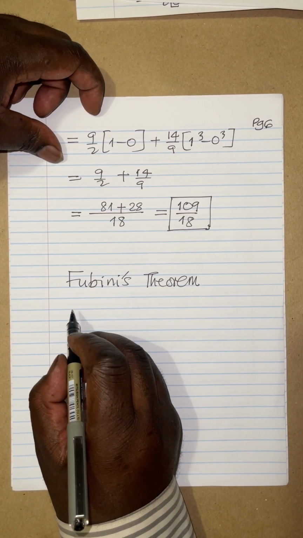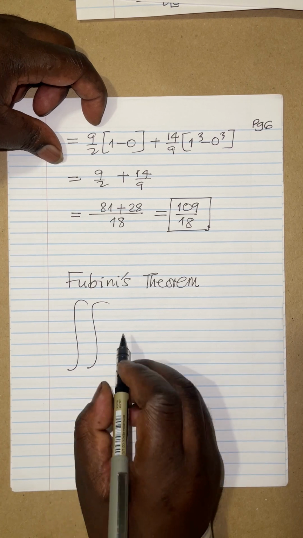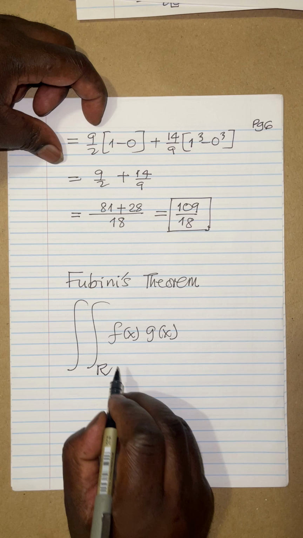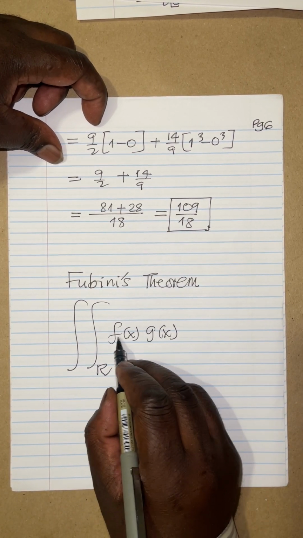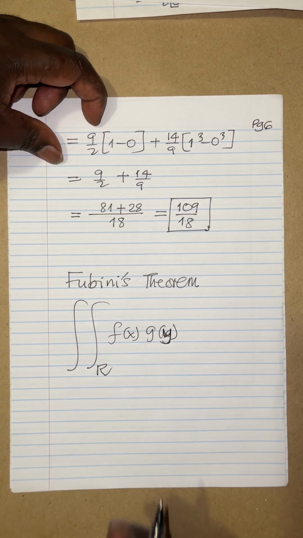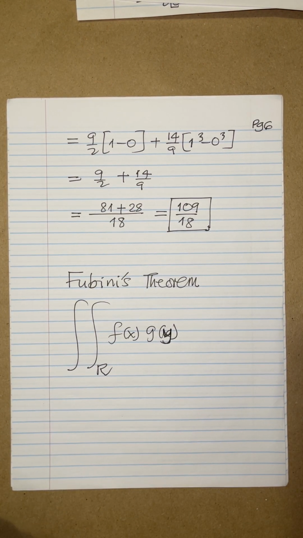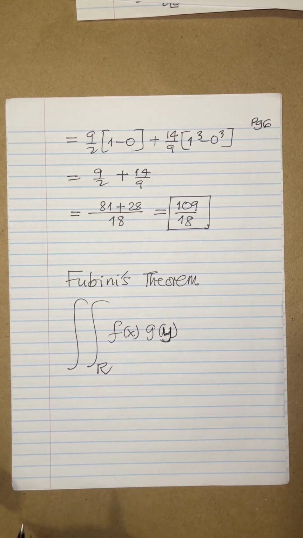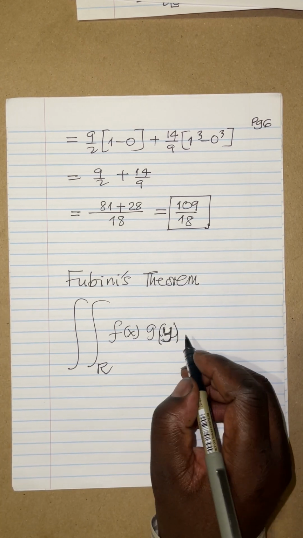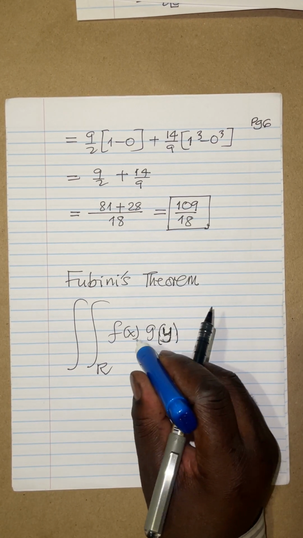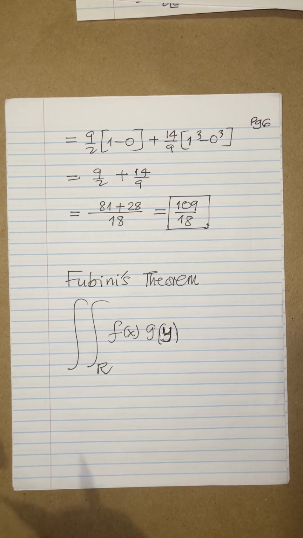It says that if you have two functions f of x and g of y, we want to have two variables here. Multivariable calculus we're dealing with, two variables. So we have two functions, f of x and g of y, integrable over a region R. In other words, you should be able to integrate these two functions over that region.